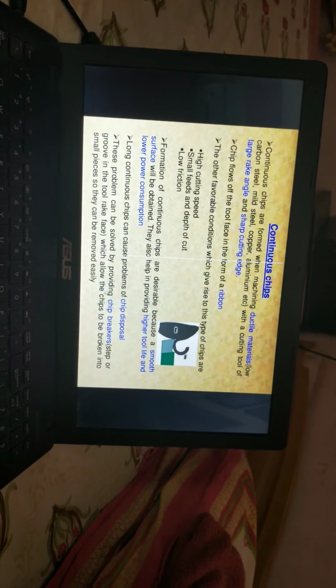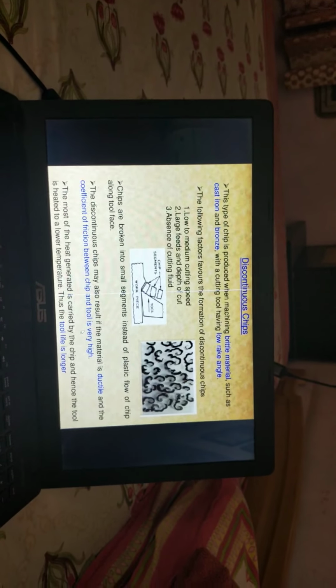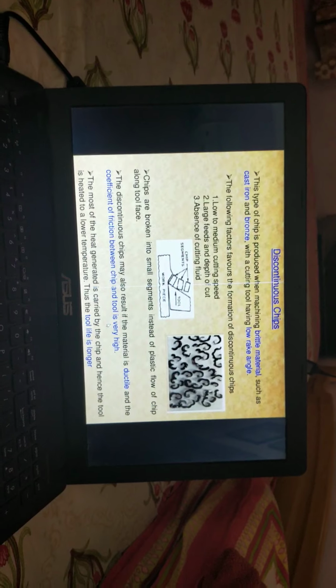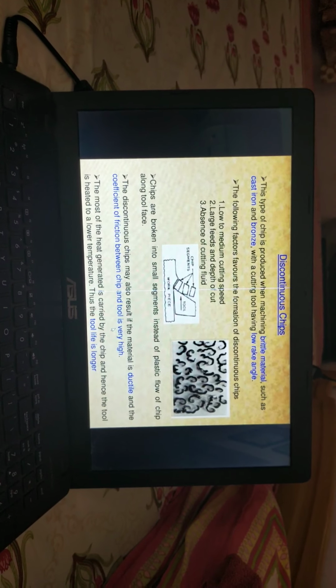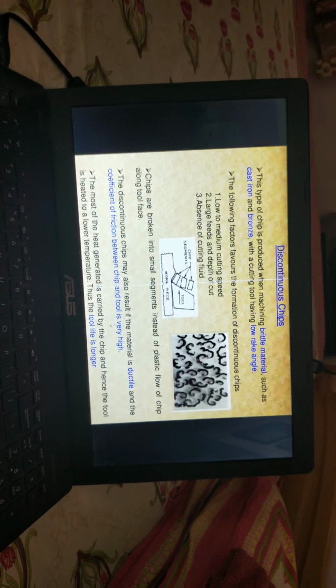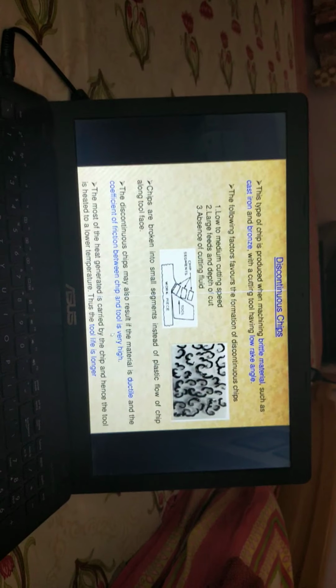Discontinuous chips. These types of chips are produced when machining brittle materials such as cast iron and bronze, and also with a cutting tool having a low rake angle. The following factors favor formation of discontinuous chips: low and medium cutting speed, large feeds and depths of cut, absence of cutting fluid.